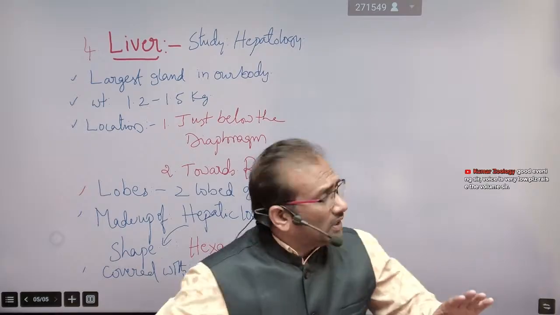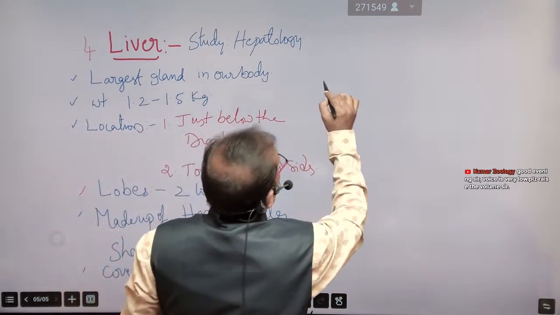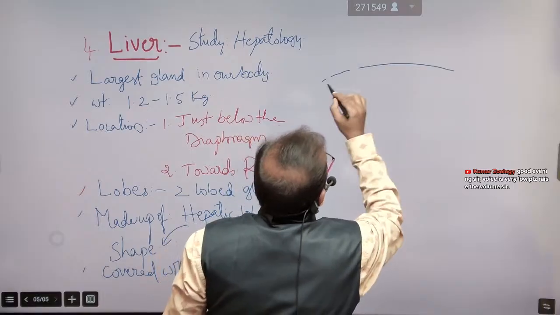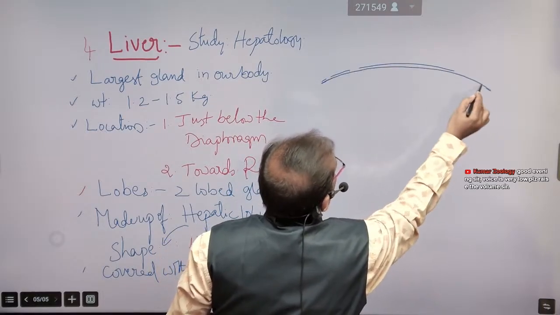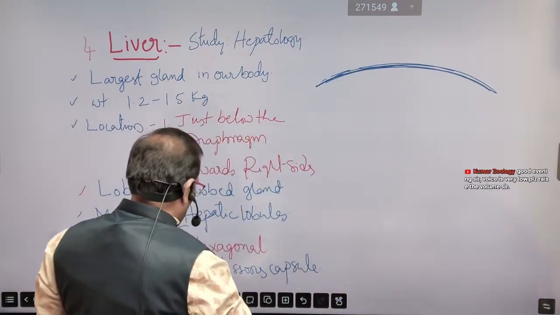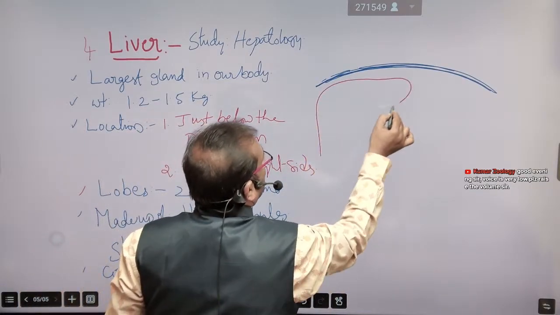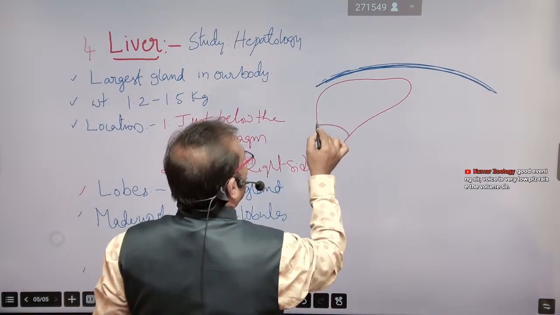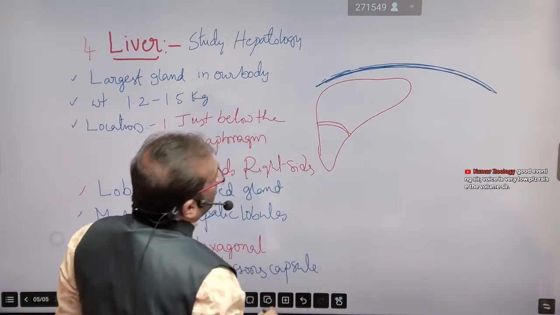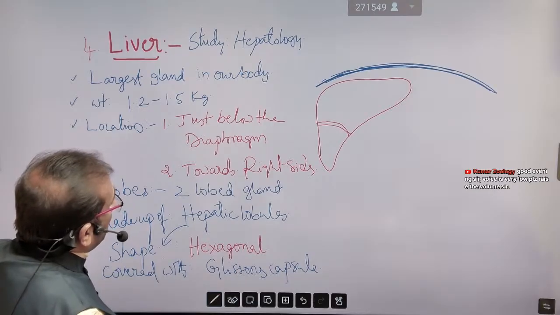Now coming to the inside of the liver and the location of the liver. Suppose this is the chest cavity, and this is the diaphragm. Just below the diaphragm, a bilobed gland, the liver, is present.